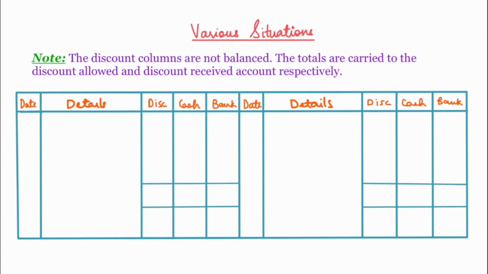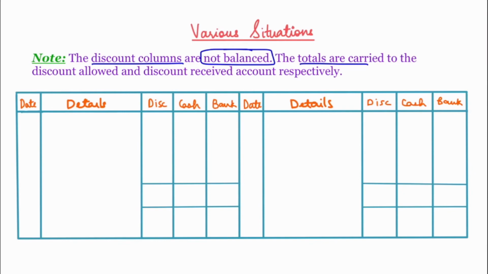Now the last part, that is balancing the 3-column cash book. Here you have 3 columns. One important thing to note is that the discount columns are not supposed to be balanced, and the totals of them are carried to the discount allowed and discount received accounts respectively.